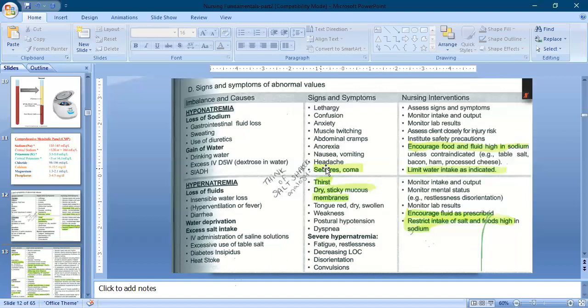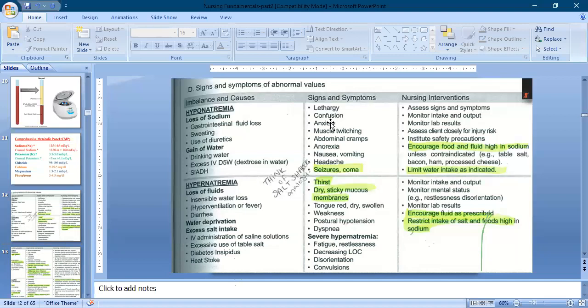So as a RN, what is your intervention? It is called nursing intervention.